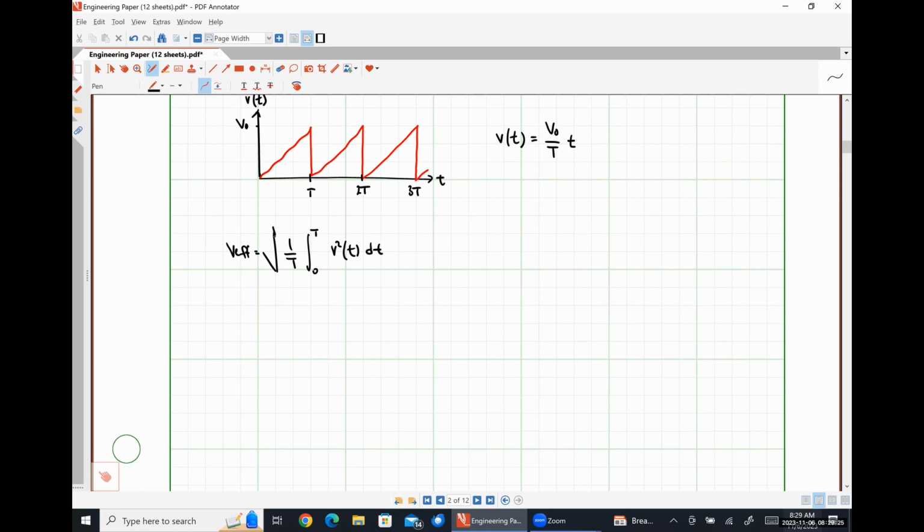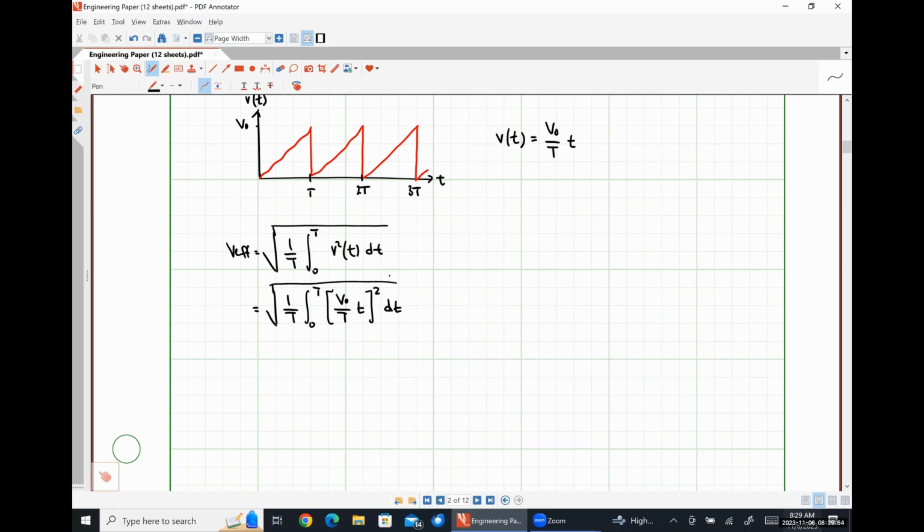Again, this is just my generic equation, just so that you guys get used to seeing it. Putting in the parameters for my specific circuit, I would have 1 over T times the integral from 0 to T of V naught over capital T times t, quantity squared dt.